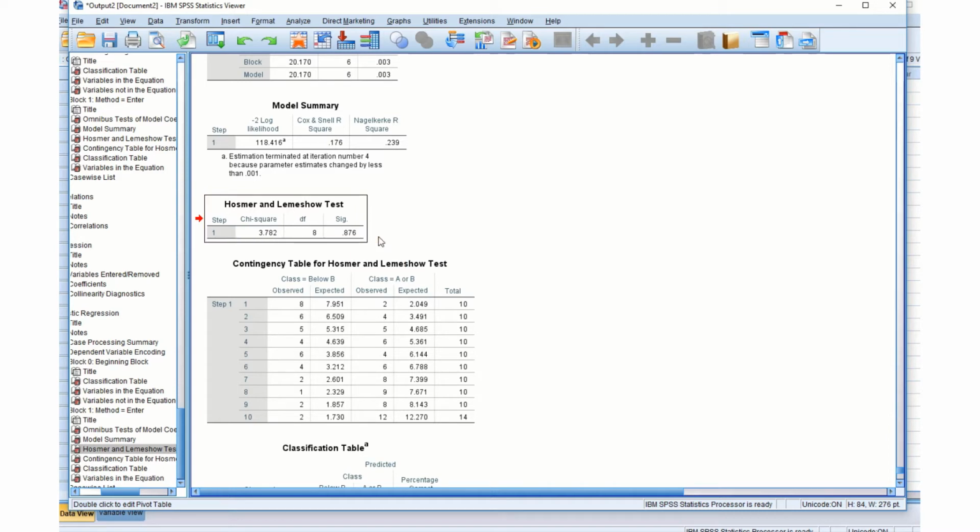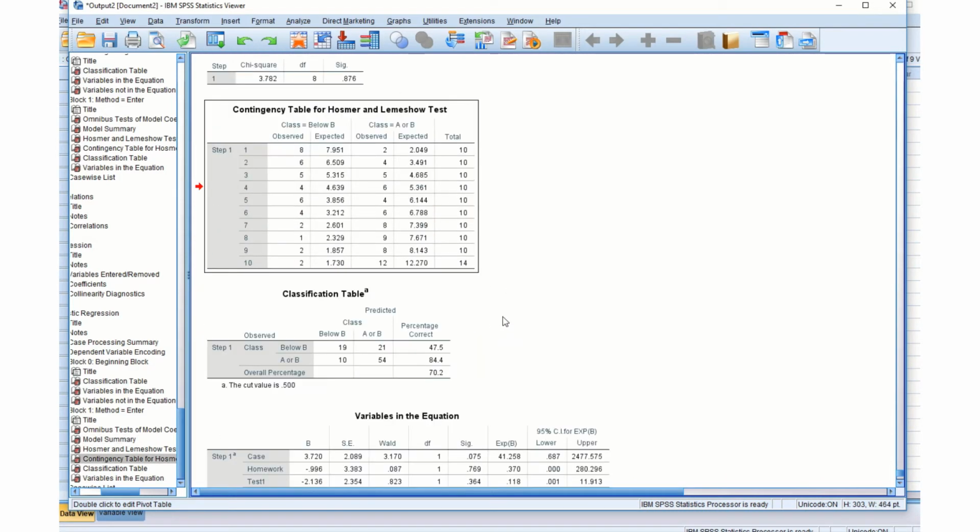So this is a reverse interpretation, and anything above 0.05 is significant. Here we have 0.876. So clearly this model will better predict group membership than the base model we looked at before. Okay, so that's the Hosmer-Lemeshow. We report that. We report our R squared.